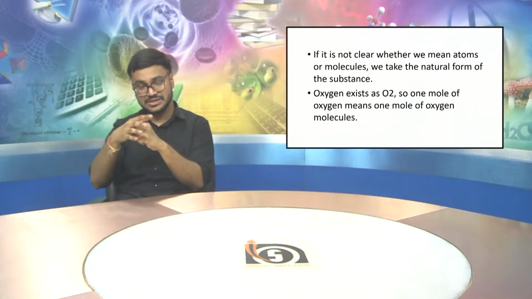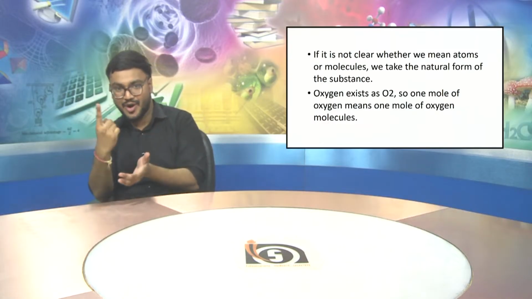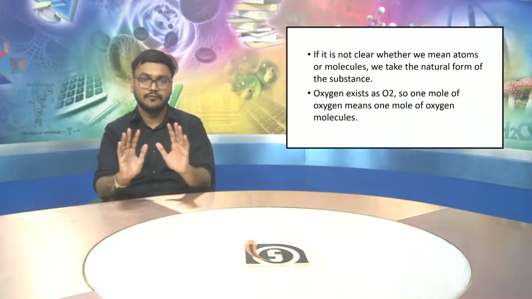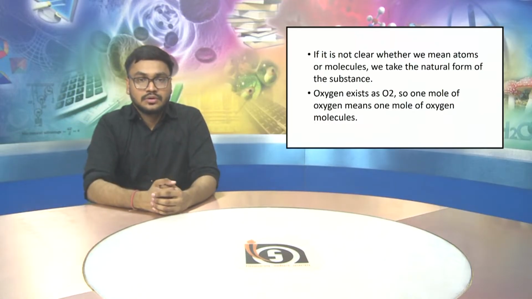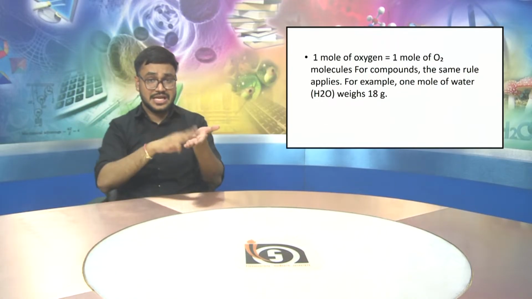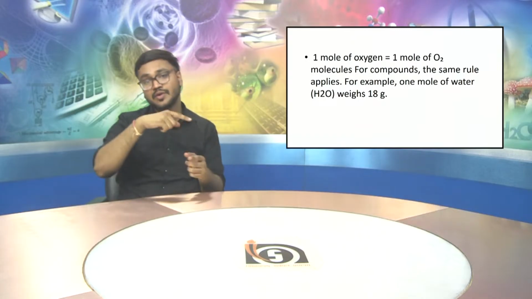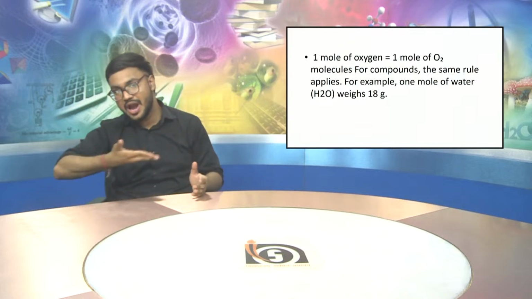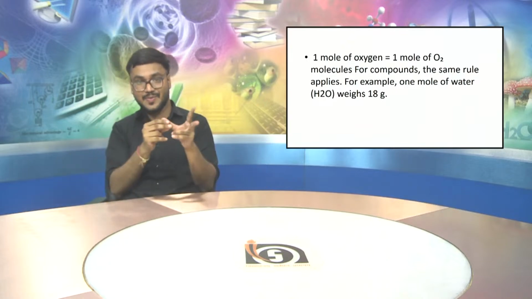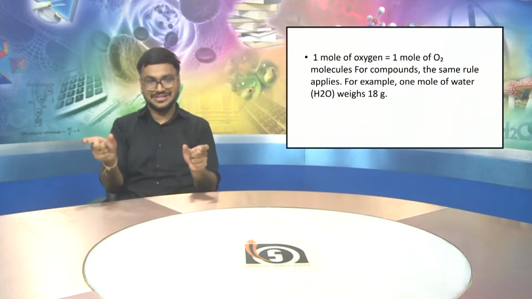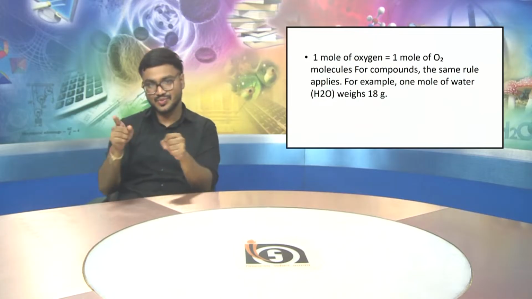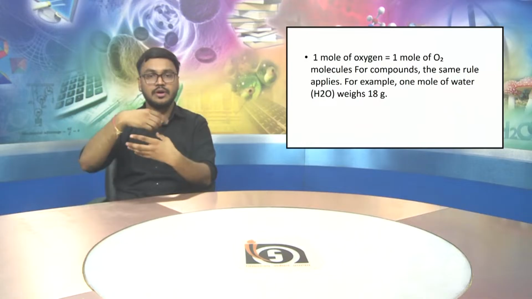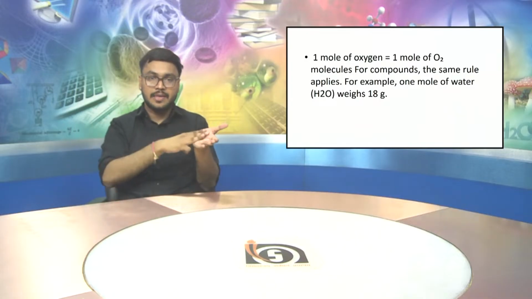Oxygen exists as O2, so 1 mole of oxygen means 1 mole of oxygen molecules, O2. For compounds, the same rule applies. For example, 1 mole of water weighs 18 gram.